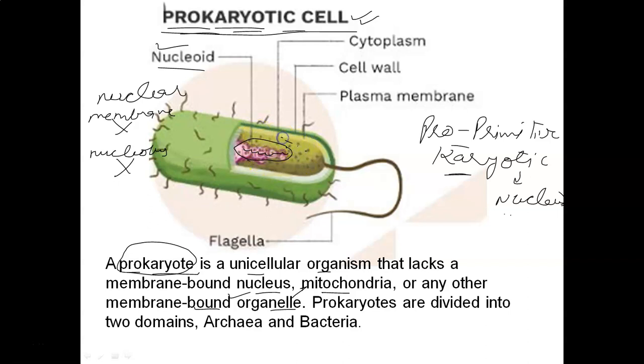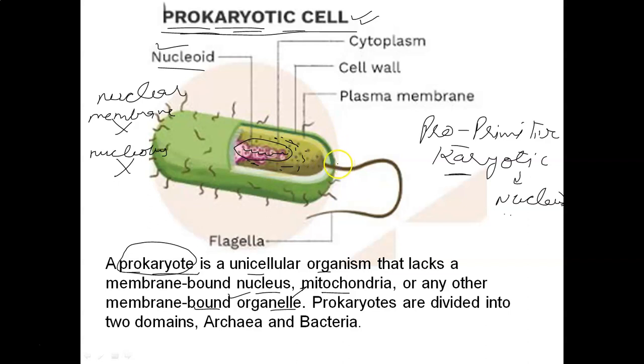Then the cytoplasm is there, and no membrane-bound cell organelles: mitochondria absent, chloroplast absent, lysosomes, and all the other cell organelles, endoplasmic reticulum, Golgi body, all are absent. But ribosomes are present, right? And the ribosomes which are present are of primitive type.